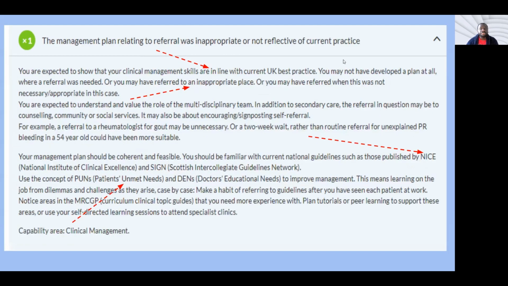Let's proceed. The next feedback statement says the management plan relating to referral was inappropriate or not reflective of current practice. You are expected to show that your clinical management skills are in line with current UK best practice. And how best can you do this?